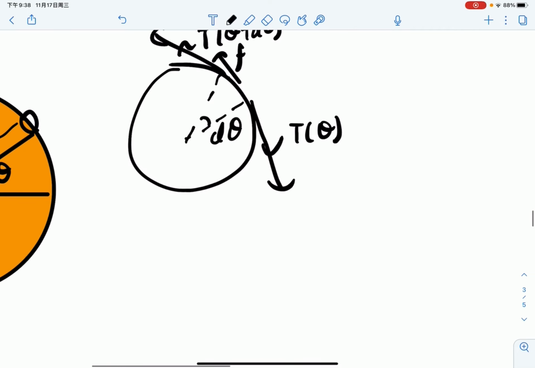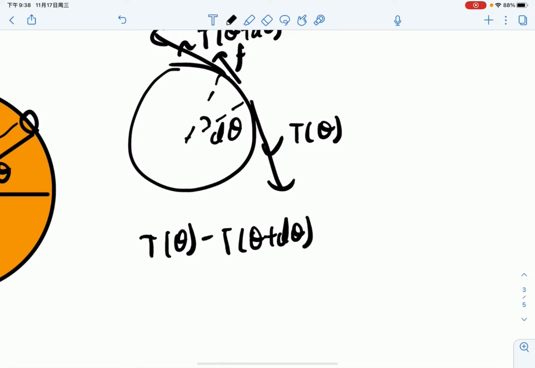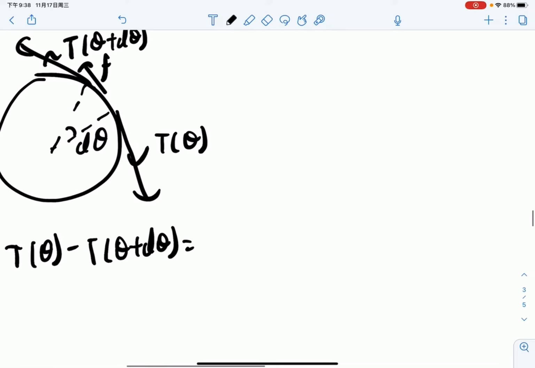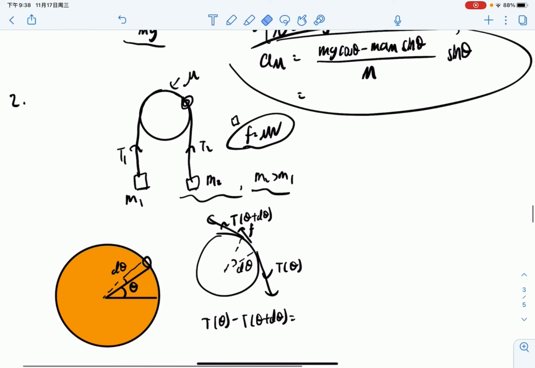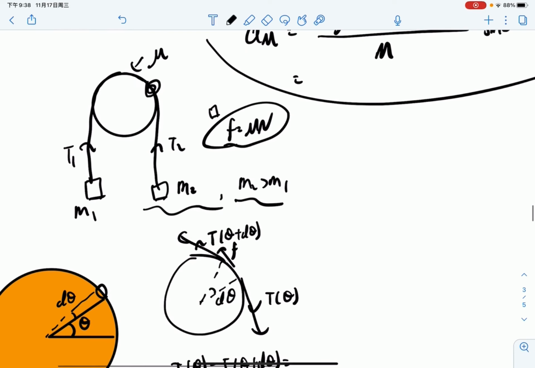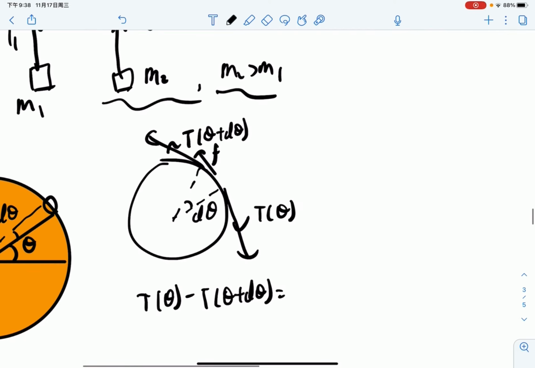And we have the first equation, T theta plus d theta is equal to, and because we assume that the string is massless, we don't need to care about the gravitational force.